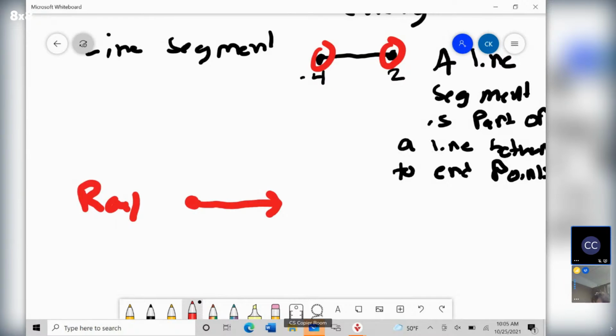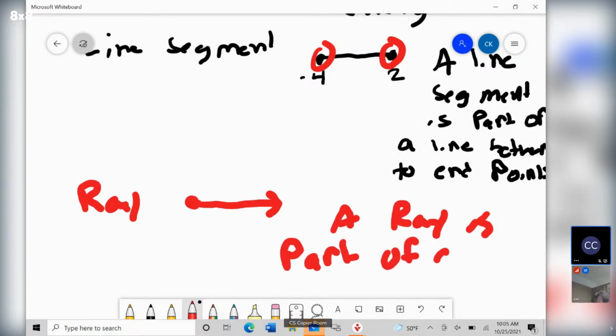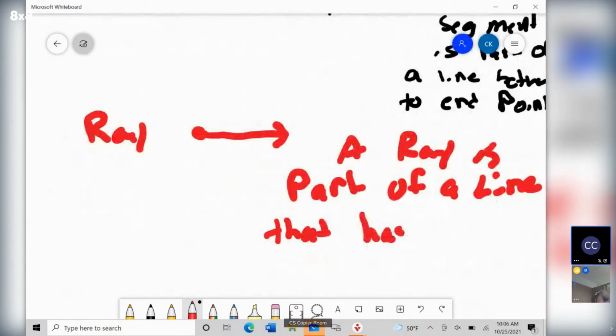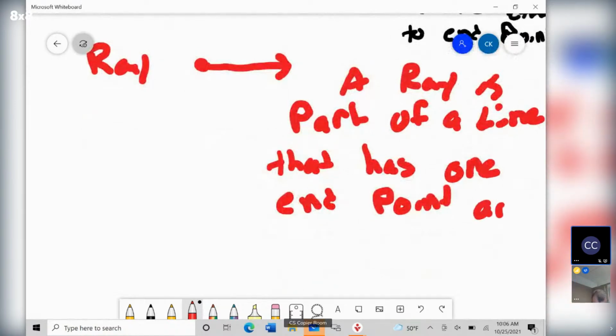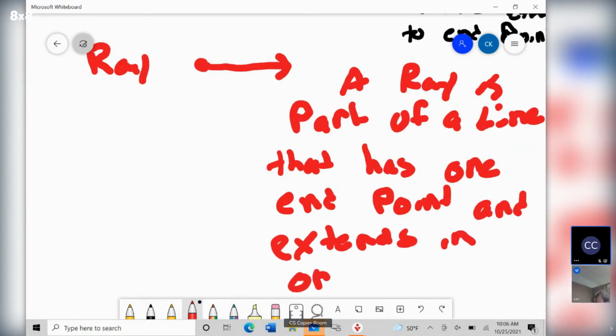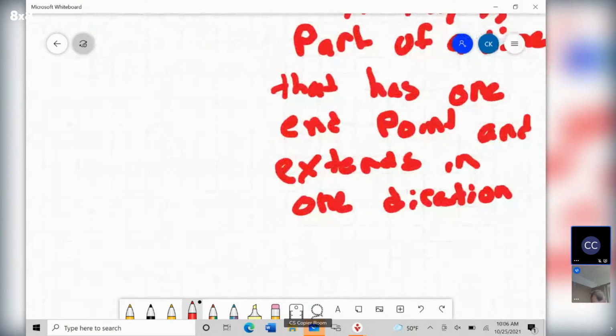And it says a ray is part of a line that has one endpoint and extends in one direction without ending.